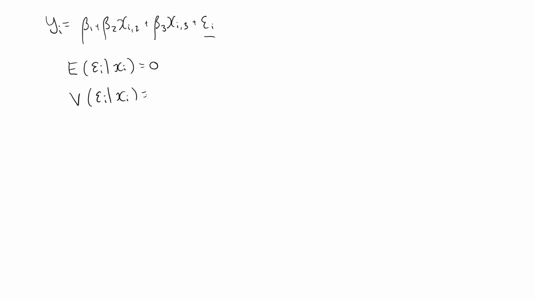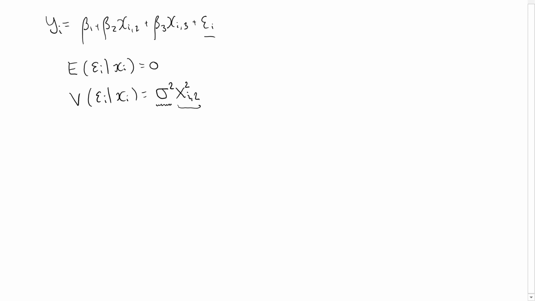In this example, we'll make a simple assumption. We will assume that the variance of the error term is sigma squared multiplied by xi2 squared. Sigma squared is an unknown constant. xi2 is of course known.